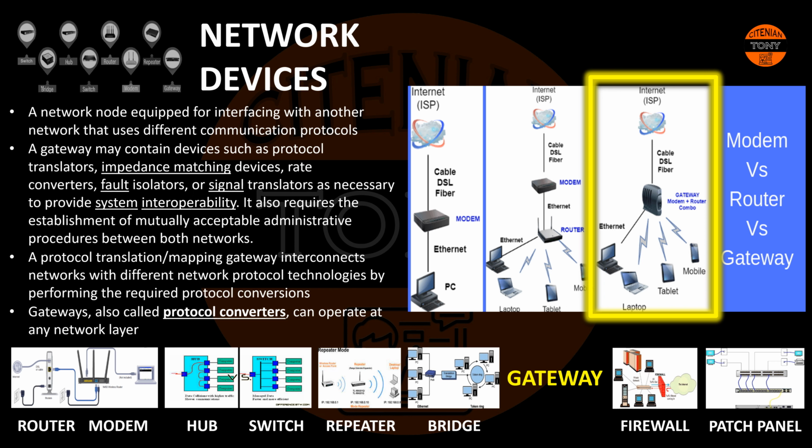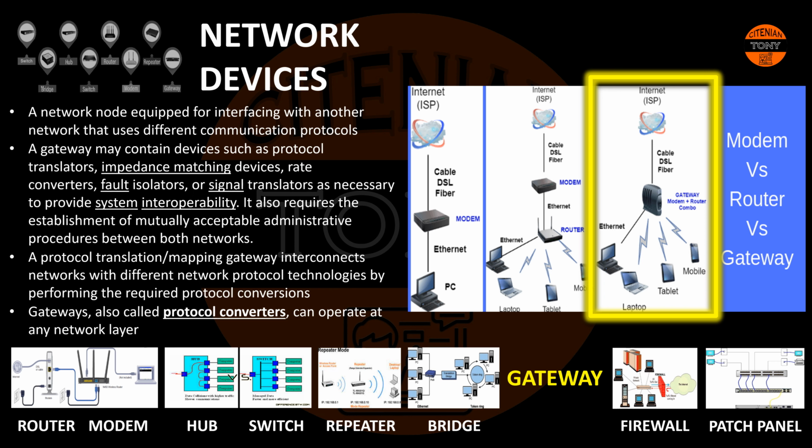Gateway, a network node equipped for interfacing with another network that uses different communication protocols. A gateway may contain devices such as protocol translators, impedance matching devices, rate converters, fault isolators, or signal translators, as necessary to provide system interoperability.